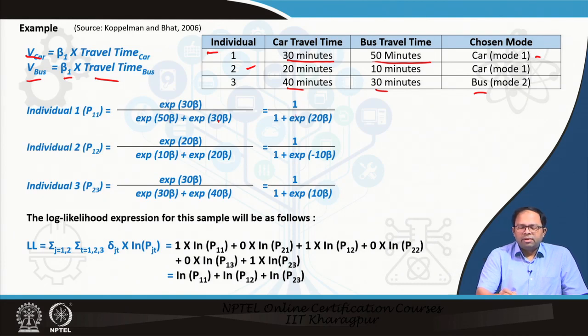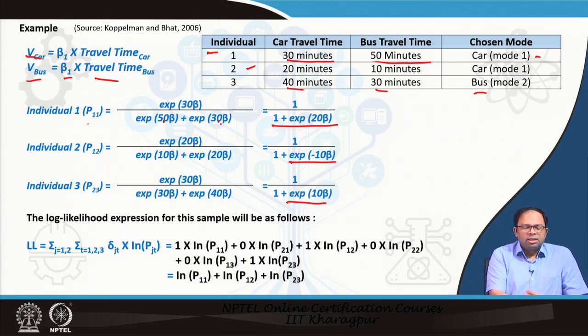So we get the final equation as this, where the exponent is 50 minus 30, which is 20. This is the form that we have already discussed, and the same goes for individual 2, and we get this value, and for individual 3 this is the value.